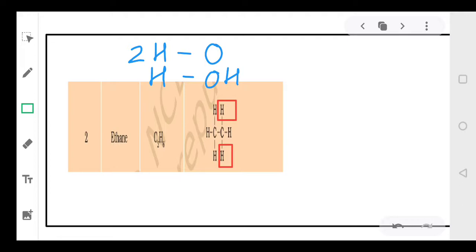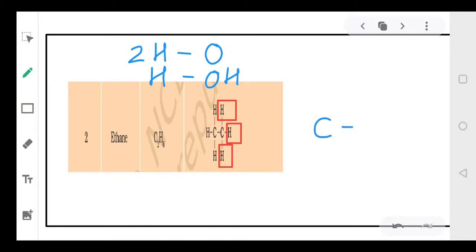Now coming to the second alkane, which is ethane, that is C2H6, and this is the structure. Again here we have to replace 3 hydrogens. We have to replace 2 hydrogen atoms with O, and 1 hydrogen atom with OH. So let's mark those: we'll mark this edge and this H. We will replace these three hydrogen atoms.